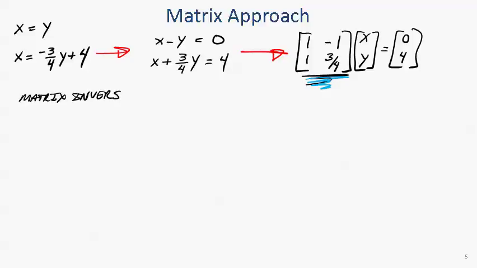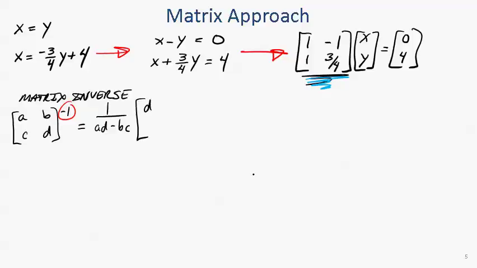Because this is a very simple matrix, we can write the inverse in a very simple way. We say this, with a -1, and that -1 indicates that it's the inverse. That is going to be equal to 1 over AD minus BC, and then you swap some of the components around, and it comes out like that.